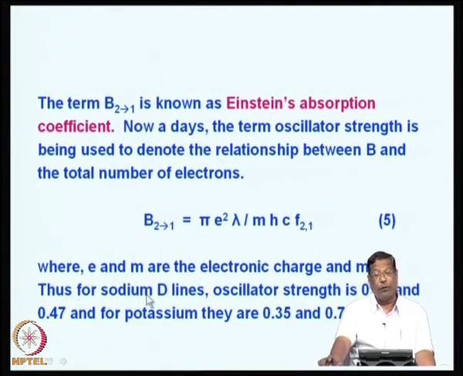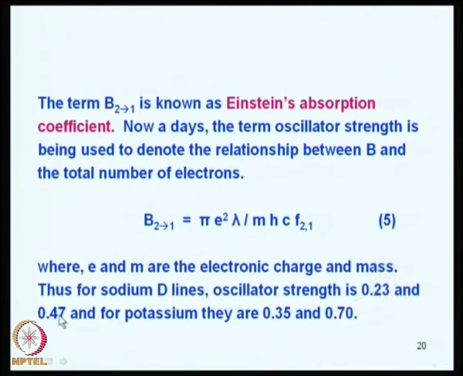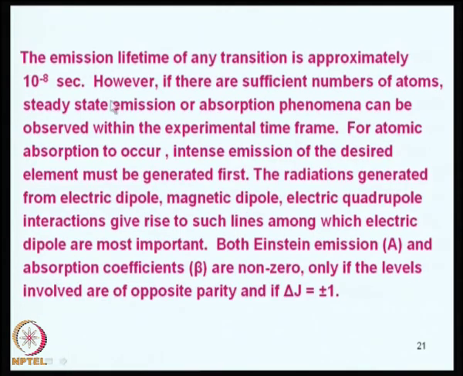Therefore, for sodium D lines, the oscillator strength is 0.23 and 0.47. You remember there were two lines of excitation from S to P. So, for potassium they are 0.35 and 0.7. Similarly, for different elements their numbers will be different.